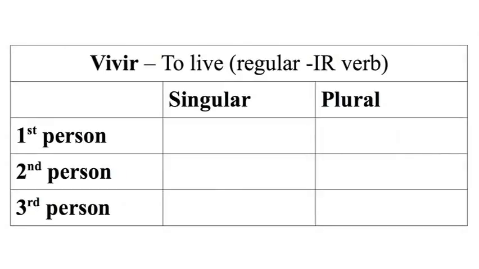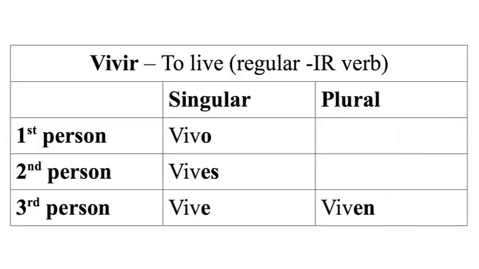So with our verb vivir, that gives us vivo, I live, vives, you live, vive, he or she lives, or you formal live. And let's skip nosotros and vosotros. Viven, they live, or you live.